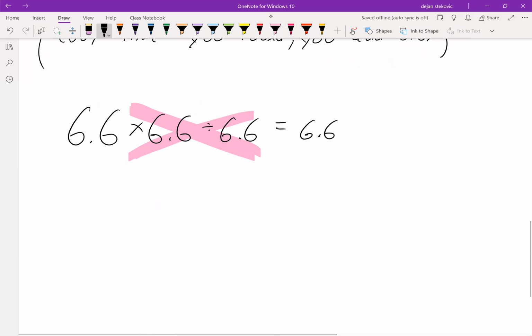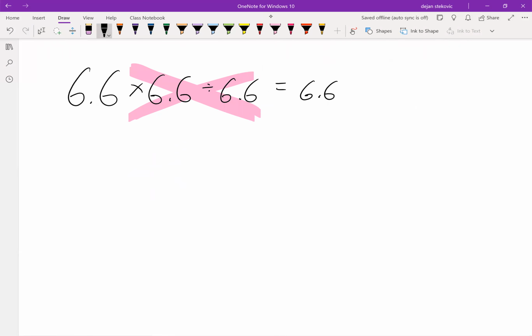So let's take a look at what happens when we do this. If we do 6.6 times 6.6 and type that into our calculator, we get 43.56. And then this is our uncertain digit, right? Both 6.6 have 2 sig figs, so our answer can only have 2 sig figs.